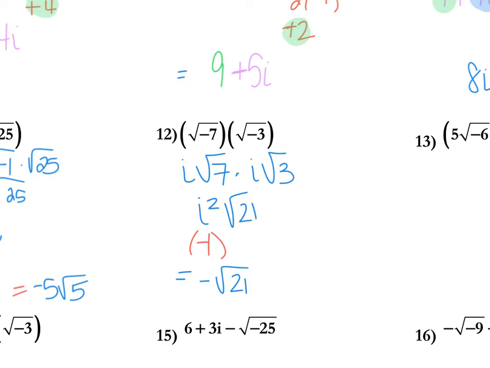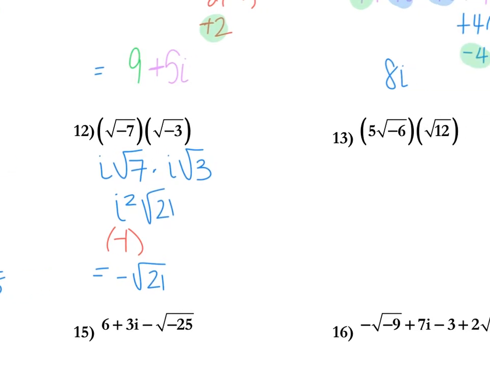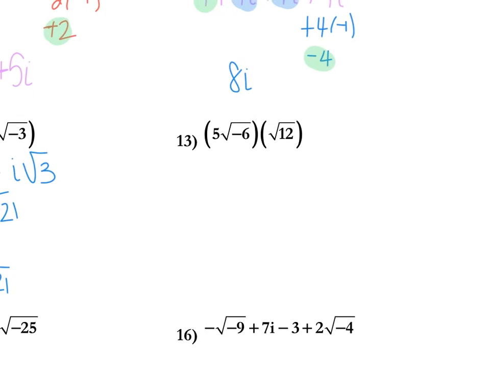Okay. All right. Let's go ahead and take a look at 13. And then we're going to skip 14. So once again, take care of i first. So 5i root 6 times root 12.